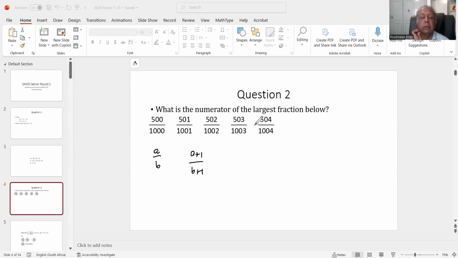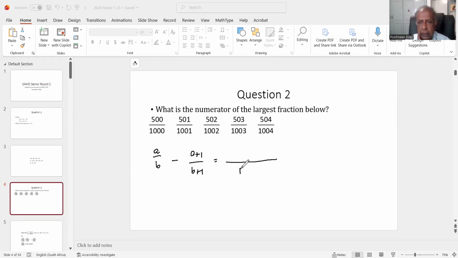Now, one of the ways of doing that is to subtract the two. And if the difference is positive, that's the easy one, it means that this is larger than that. And if it's negative, then this is smaller than that. So let's do that, because now this becomes just a calculation involving two fractions.